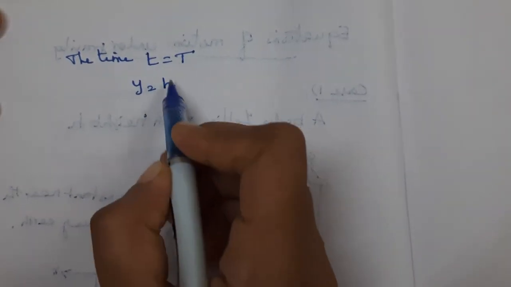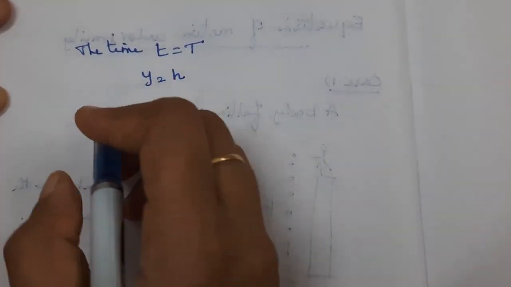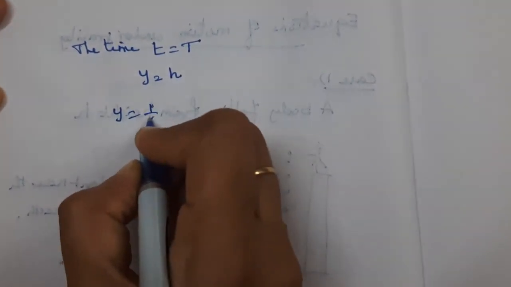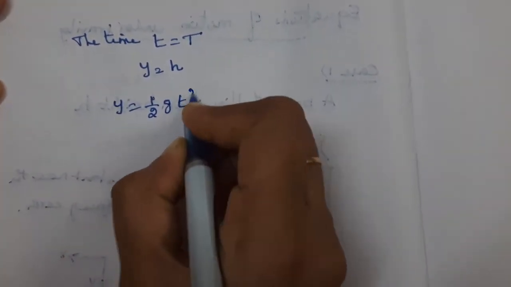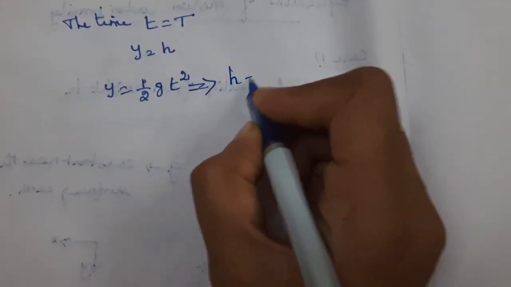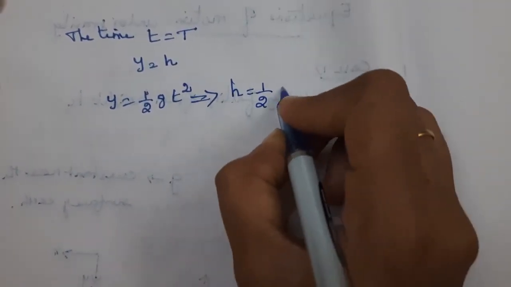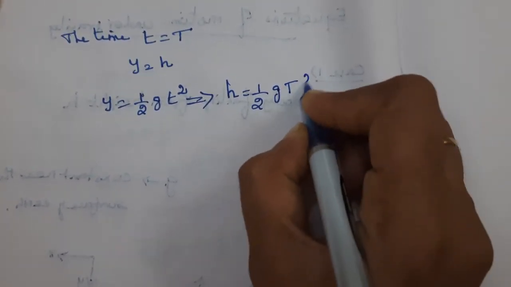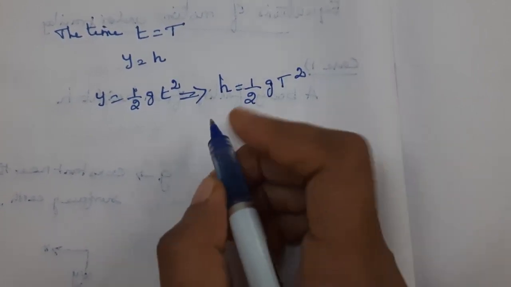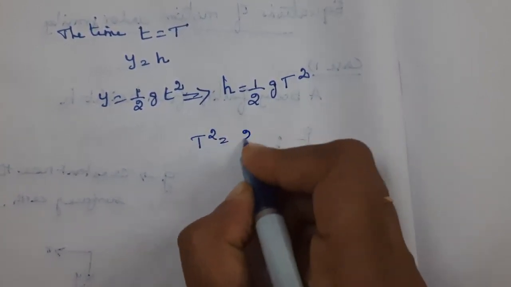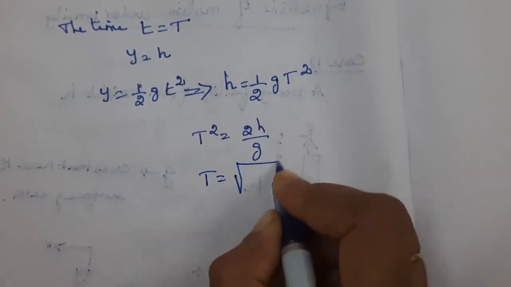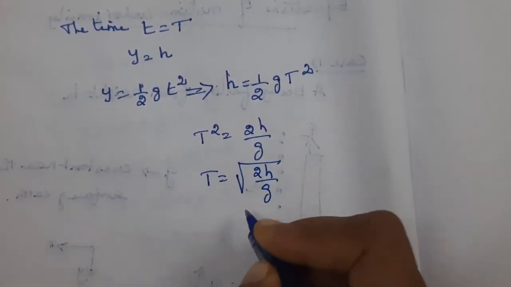So use this condition t equal to t and y equal to h in the second equation, that is y equal to half gt square can be written as h is equal to half gt square. From this t square equal to 2h by g, or t equal to root of 2h by g.